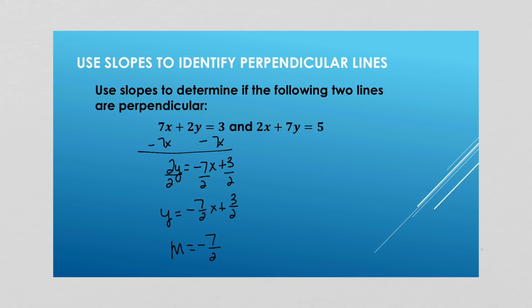If this line is perpendicular to this line, then I would need a slope that is, take away the negative sign and flip-flop your numerator and denominator. Okay, so we're hoping for this on this line right here. Okay, so let's take a look.